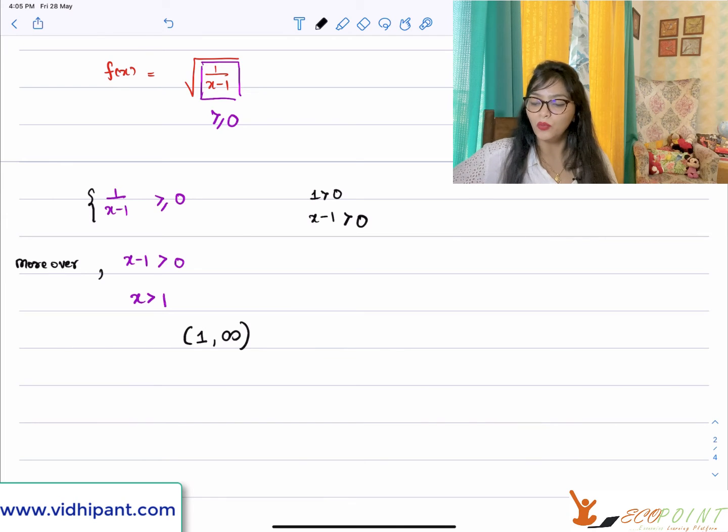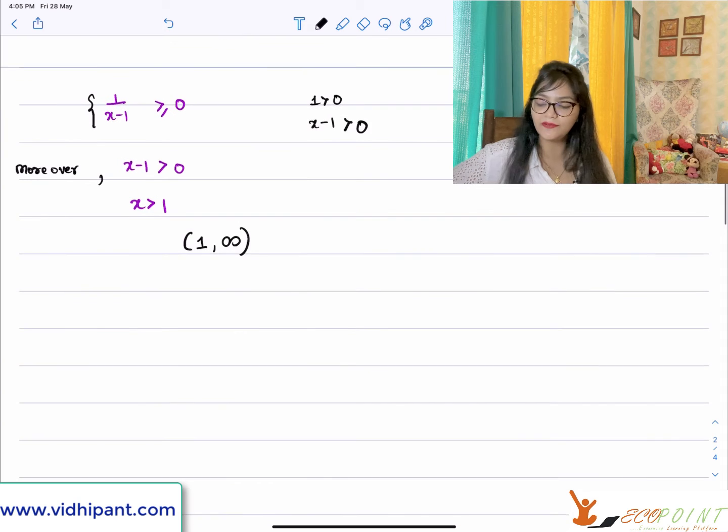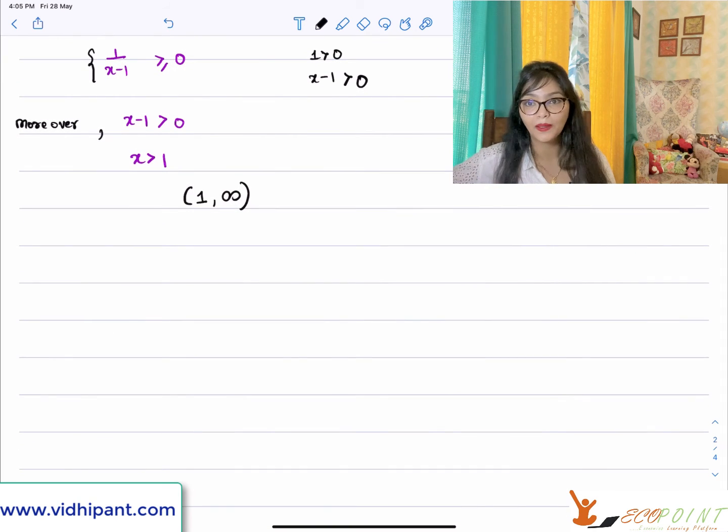For example, what if you take something lesser than 1? Just an example for you to think. What if you take x equal to 0? You will have the square root of minus 1, which is not a valid expression, right?